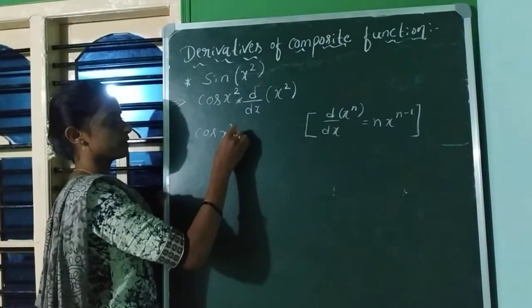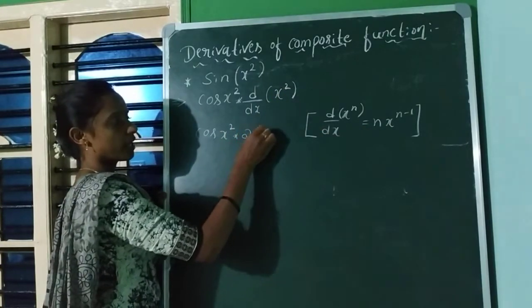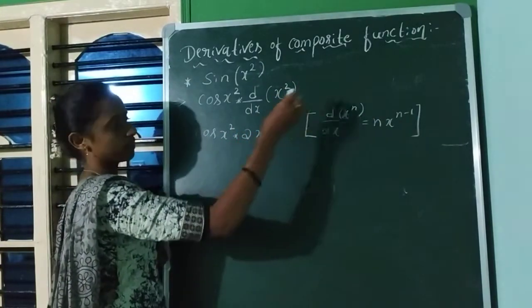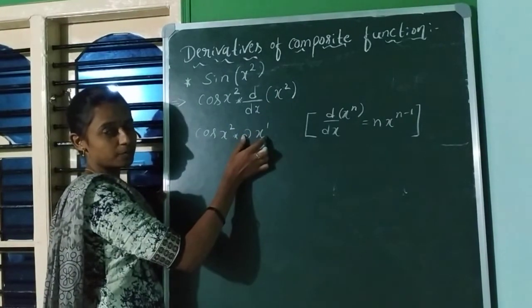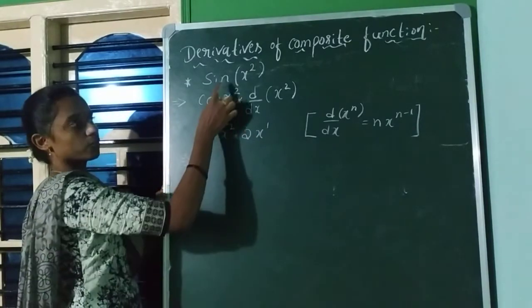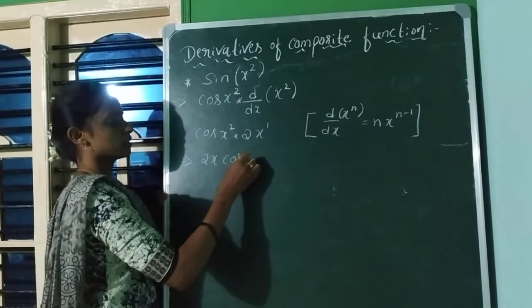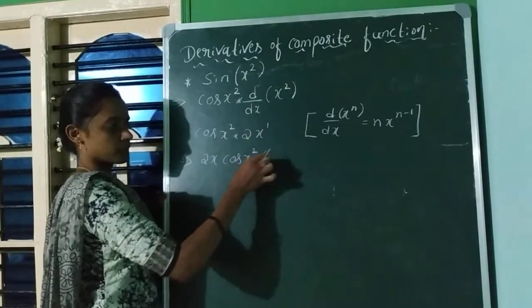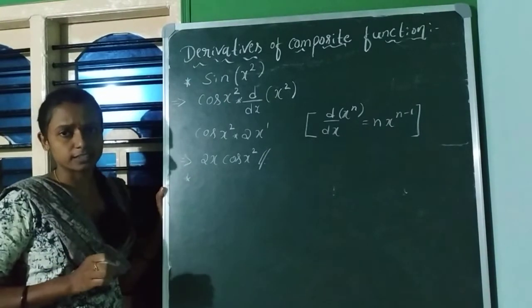So power is 2, n is 2, so 2 into x power 2 minus 1, which is nothing but 1. So write the algebraic term first, and the function at last. Therefore, the derivative of this composite function is 2x into cos x square. Simple, no? Okay. Just go with the alternate method only, guys.